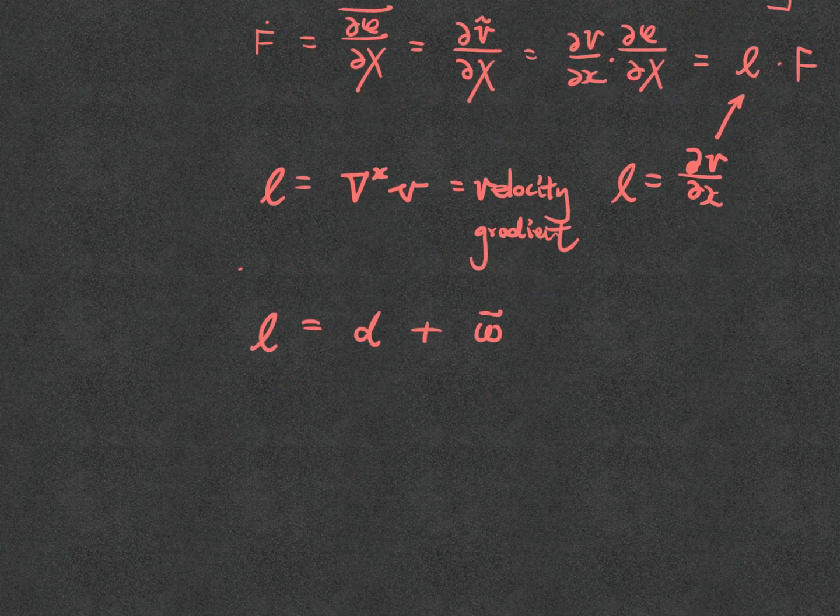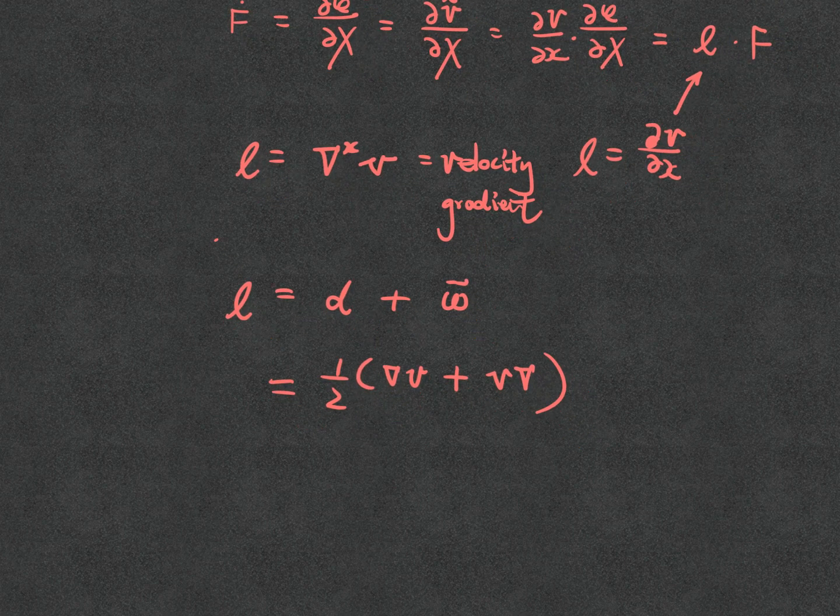Okay, the rate of deformation is 1/2 of the velocity gradient plus the transpose of it. Okay, so this is D, and this is called the rate of deformation.